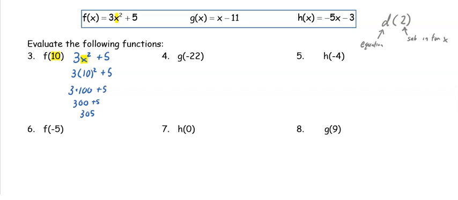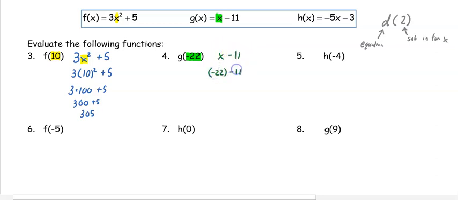In the second one, we have g of negative 22. So we're going to use the g equation. We're going to put negative 22 in for x. So our equation is x minus 11, and we're going to substitute negative 22 in for x. Remember when you substitute to put parentheses around your value. So we have negative 22 minus 11, which would get us negative 33. In our fifth one, we have h of negative 4.